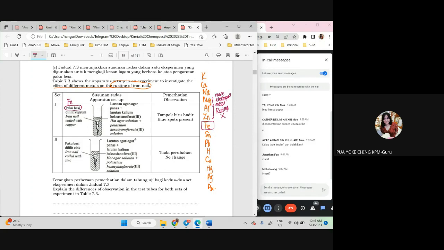Apa yang akan berlaku? Atom-atom ini, logam-logam ini yang corrosion. Mereka akan terkakis. Maksudnya mereka sendiri terkakis.